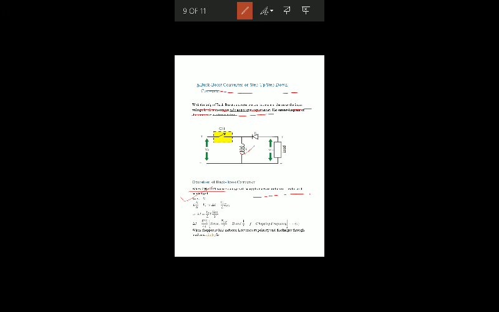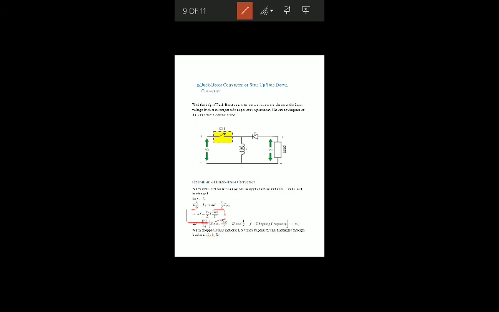So VL will be Vs, because all the voltage drops across the inductor. Again we represent VL equal to L di by dt equal to Vs, and we compute delta I equal to Vs upon L into T on. We multiply by T on by T and divide by T, and we get this expression.